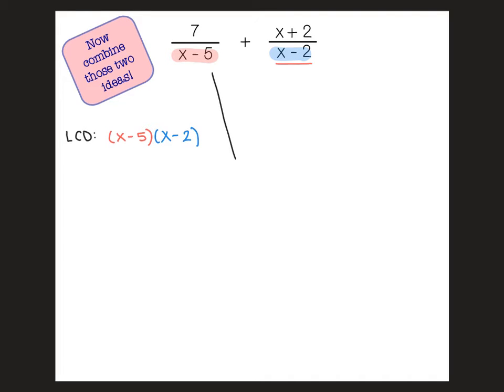If I look at this first rational expression, the denominator already has the x minus 5, but doesn't have the x minus 2. And I need it to have both in order to have a common denominator. So I'm going to multiply the denominator by x minus 2. Remember, with our fractions, whatever we multiply on the bottom also has to be multiplied on the top.